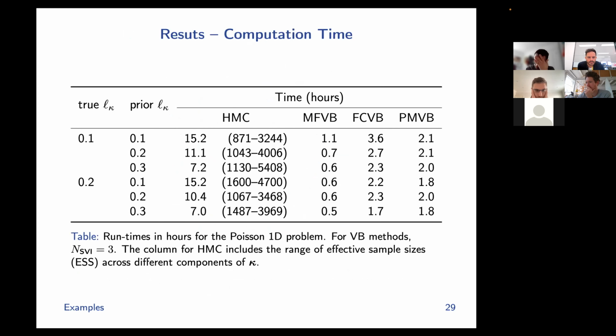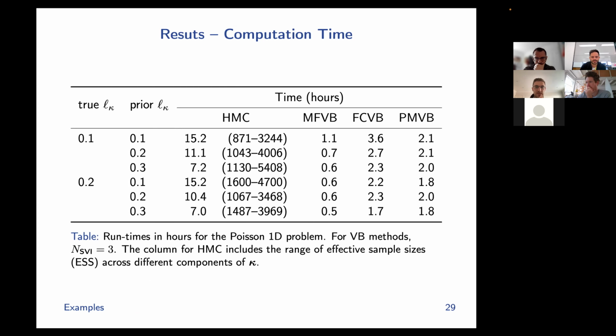And this is just a quick empirical argument for using variational Bayes methods as opposed to MCMC methods.